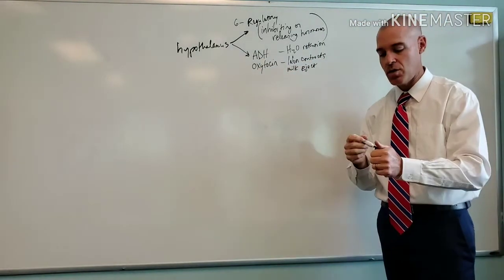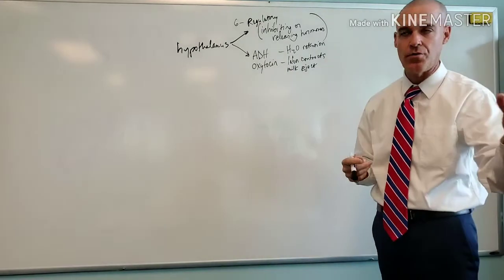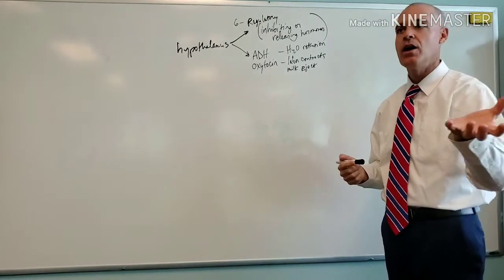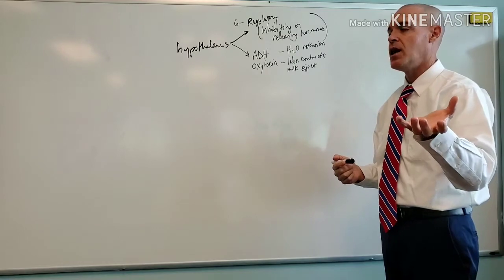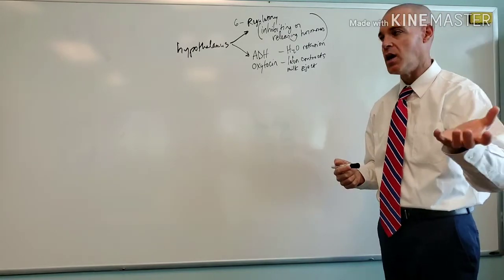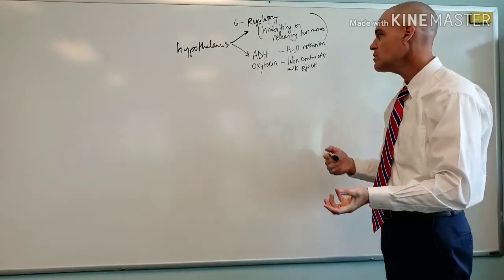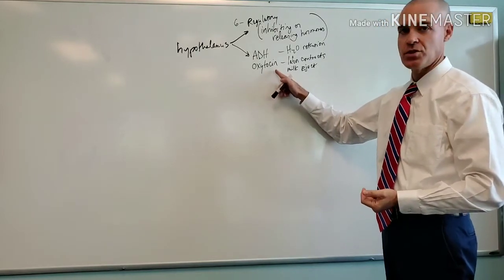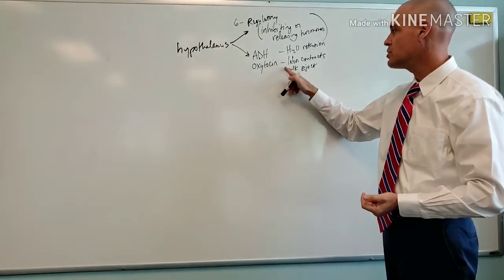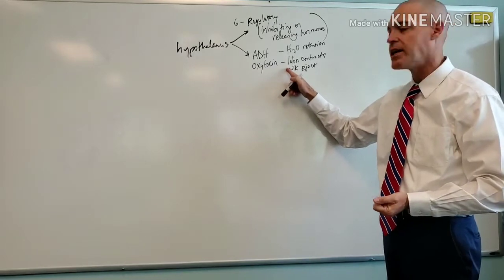Obviously, those are female related. In the male, and also the female as well, it is involved in the sexual response. So there are many functions to oxytocin, but these are some big ones that most anatomy textbooks talk about.